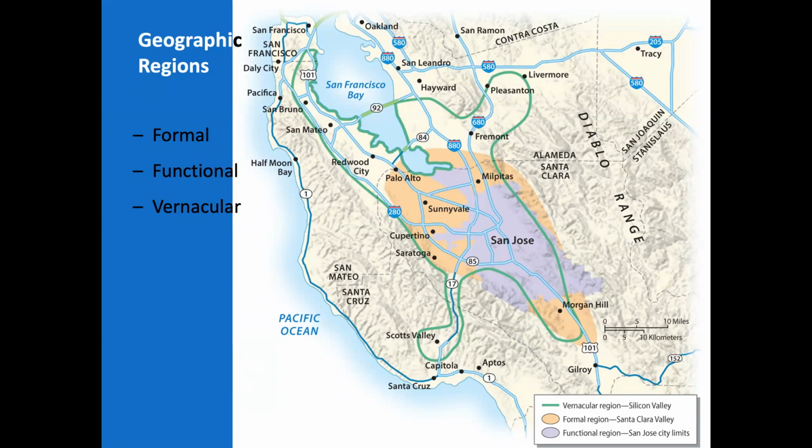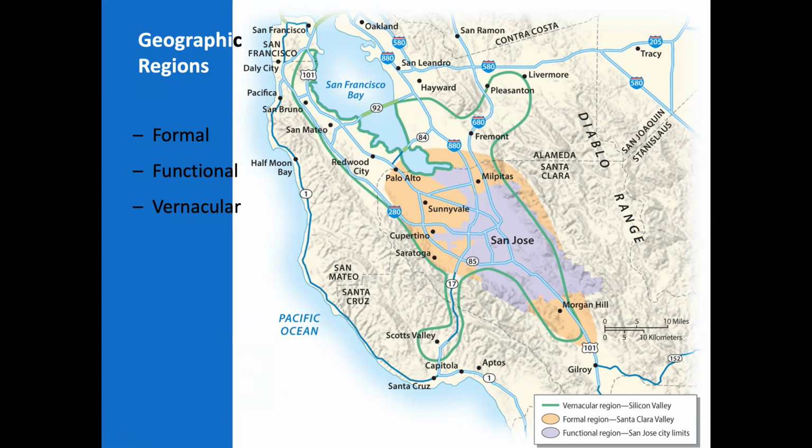Regions can be vernacular, and that's basically the idea of, you've heard of Silicon Valley. Well, Silicon Valley is an area, but is it exact? Look at that green arrow or line that defines Silicon Valley. Notice how it's sort of idealized.